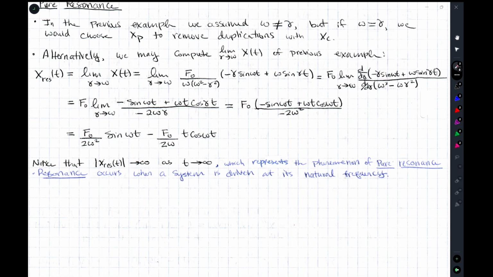And so what happens when you're pushing a spring mass system that doesn't have damping at this natural frequency is that you're getting amplitudes that are growing ever larger.